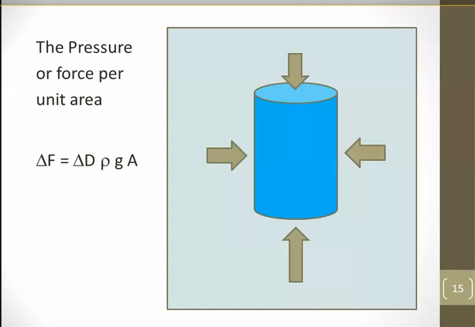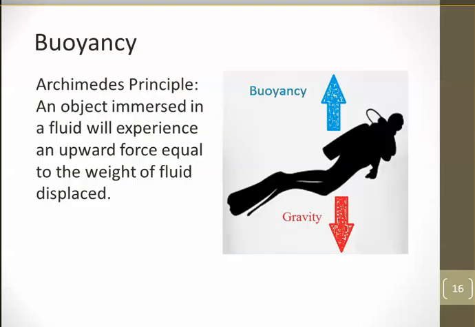Again, once we incorporate that into our buoyant force, we have the difference in force between the top and the bottom of the cylinder is going to be equal to the difference in the depth of the top and bottom surfaces times the density of the fluid times the gravitational constant times the area.